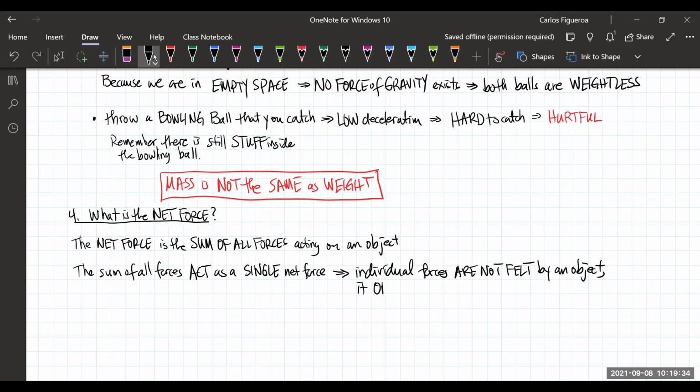It only feels the net force. And that is really, really surprising. So what I'm going to do here is draw 3 blocks to try to stress this thing.